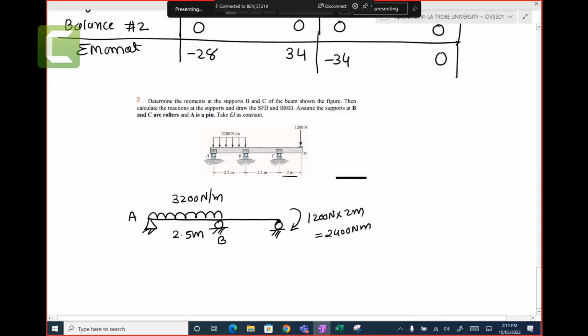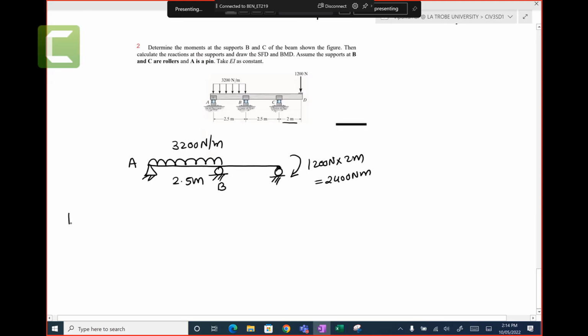Then same styles. Stiffness, 2 equations. Stiffness of AB, 3 EI on L. 3 EI is same, length is 2.5. So 3 on 2.5, we get 1.2 EI.